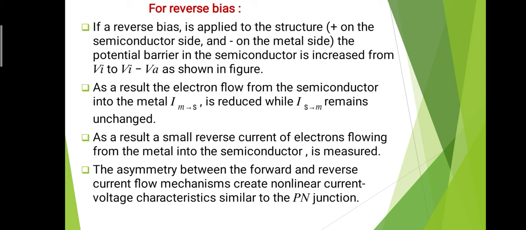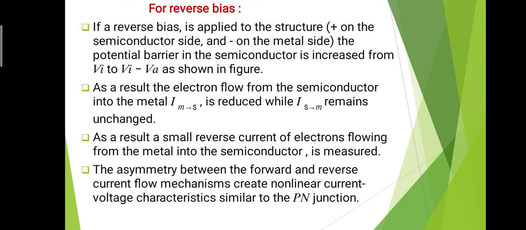In forward bias we get the maximum current, and in reverse bias we get a small reverse current. So if we plot the current-voltage characteristics for forward and reverse bias, we get non-linear characteristics similar to the PN junction diode.